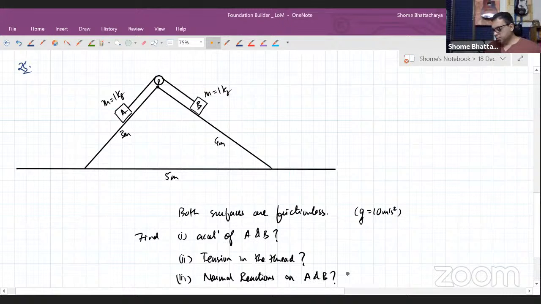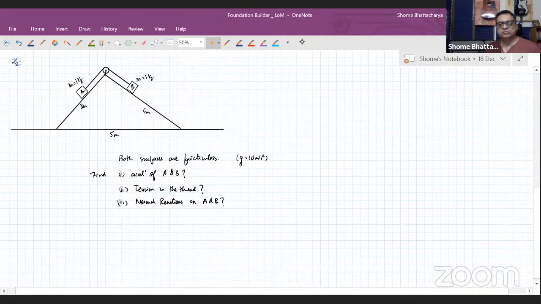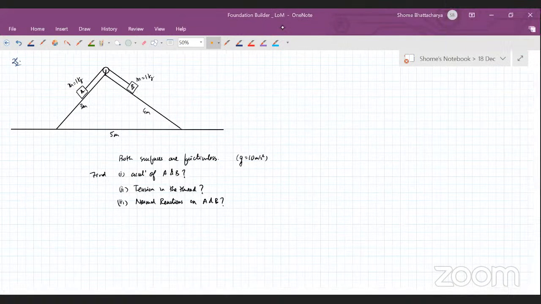So try this out and send me the answers, please. Yeah, work out this question first, then we'll come to question 23 and 26.